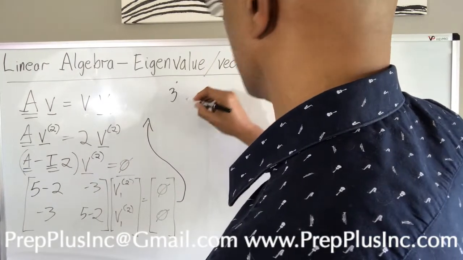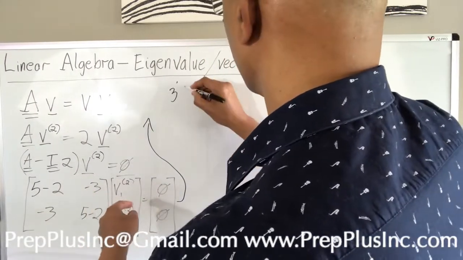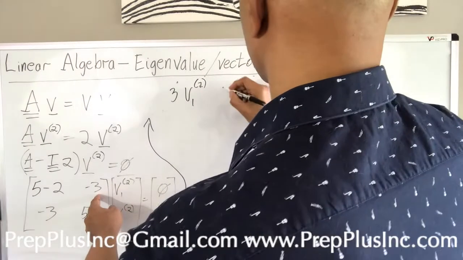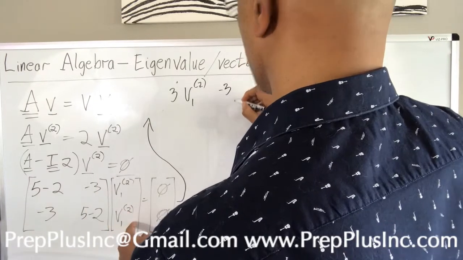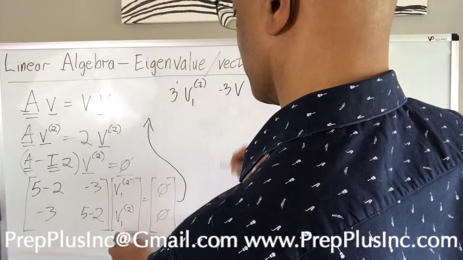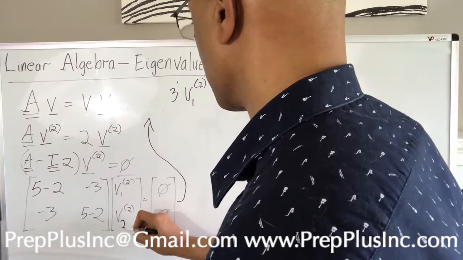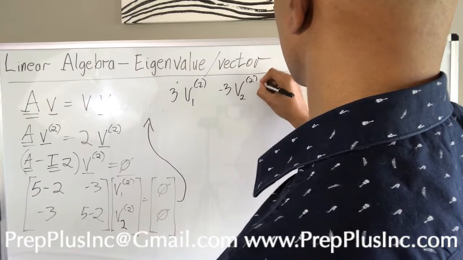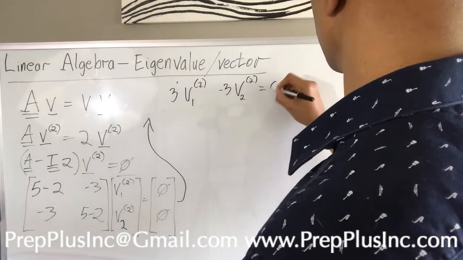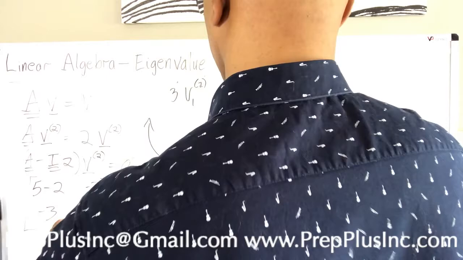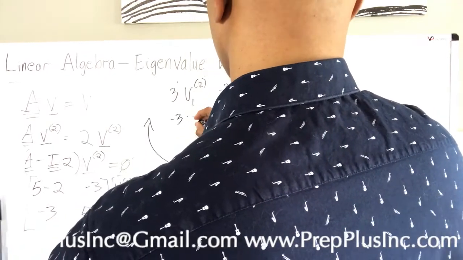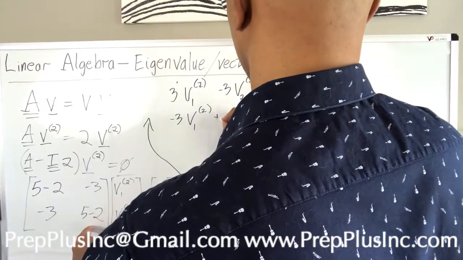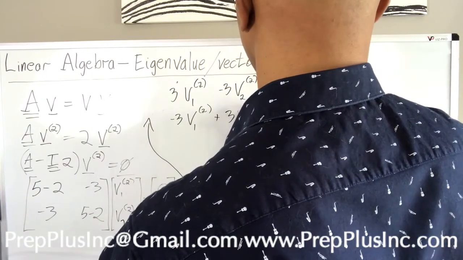Minus 3. 3 V1 of eigenvector 2 minus 3 V2, sorry, the second component, is 0, and then we have minus 3 times the first component plus 3 times the second component.